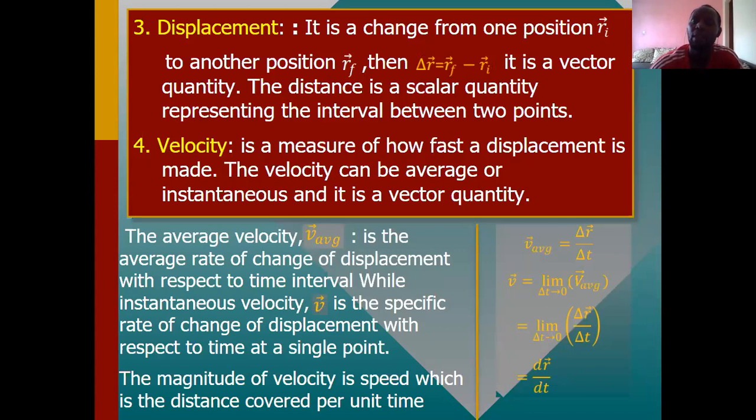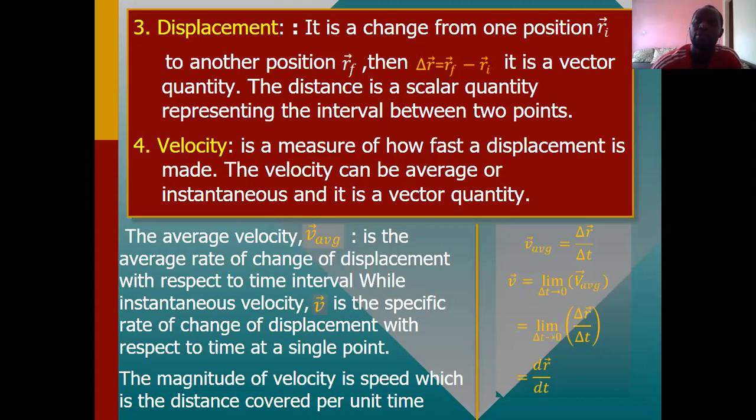So the displacement is written as Δr when the direction is not well defined, and it is equal to the final position of the object minus the initial position. Displacement is a vector quantity. The distance is a scalar quantity which represents the interval between 2 points.